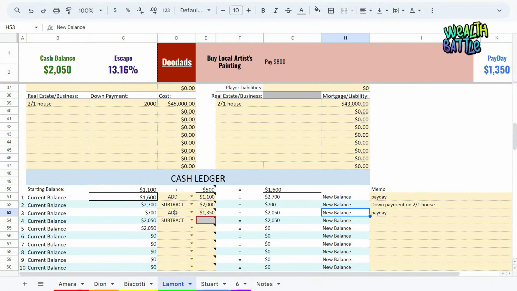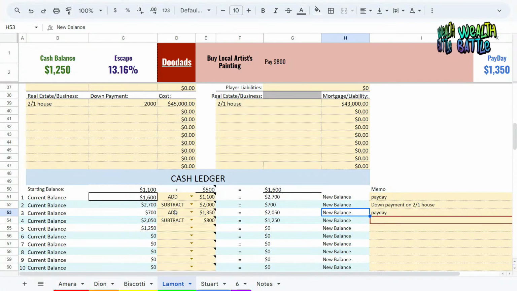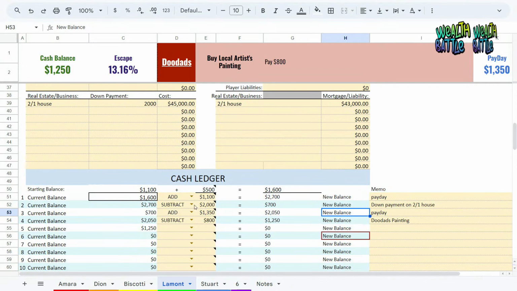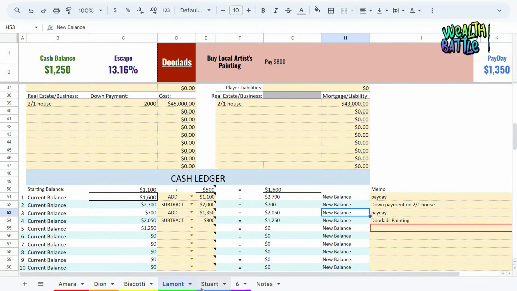So if it's under checking, it goes under the checking account. If it's under savings, it goes under the savings account, and so on. That keeps our books nice and clean. We like clean books because then we can see how things are going and where I am now financially. Doodad's painting. Nailed it. Stuart, you're up.